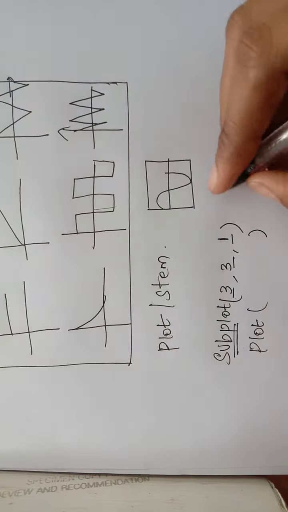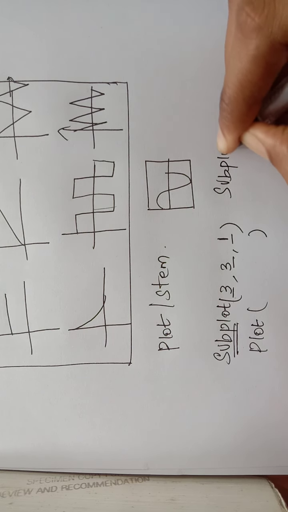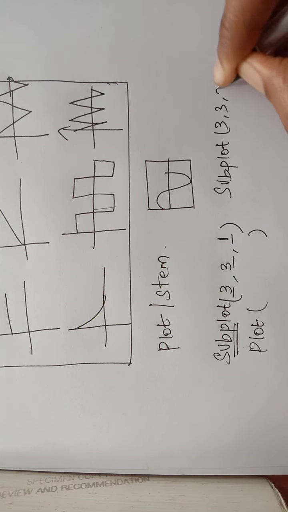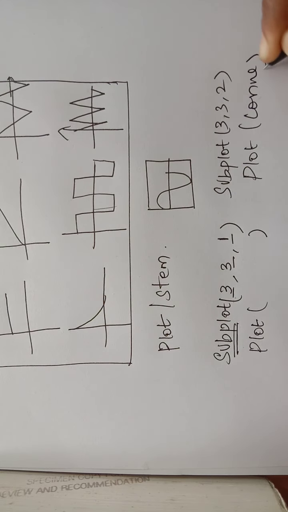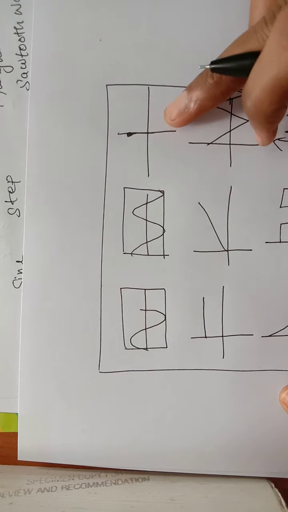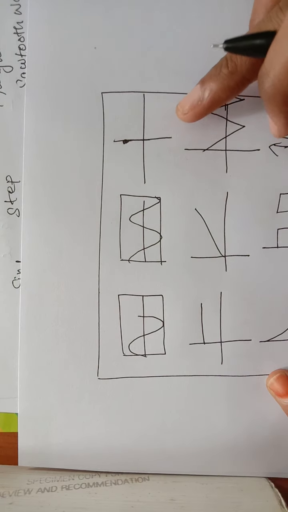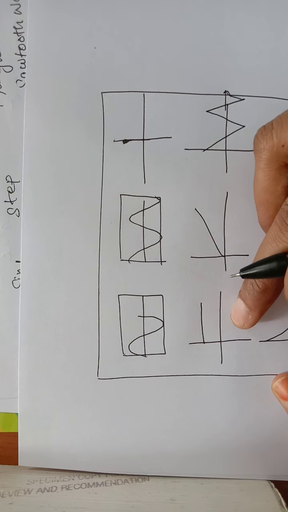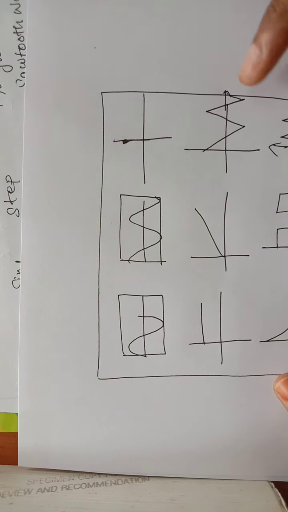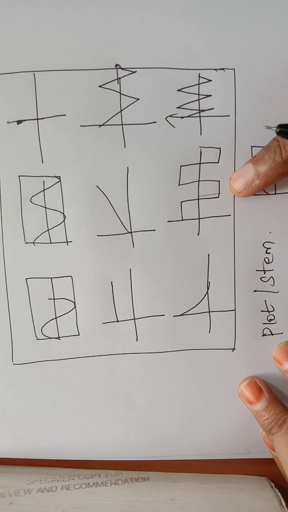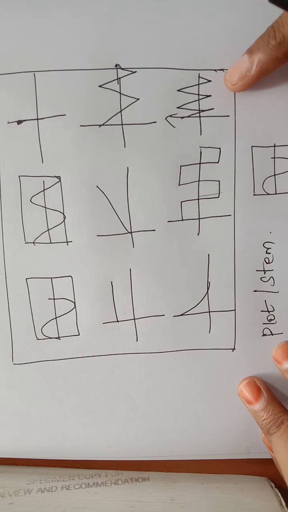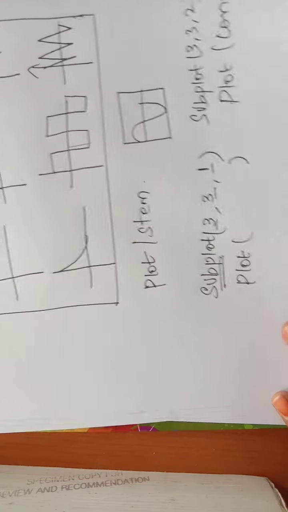Similarly, if I use subplot of 3, 3, 2 before the plot of the cosine waveform, I will get this function. Then subplot of 3, 3, 3, and like that 3, 3, 4, 3, 3, 5, 3, 3, 6, 3, 3, 7, 3, 3, 8 and 3, 3, 9.